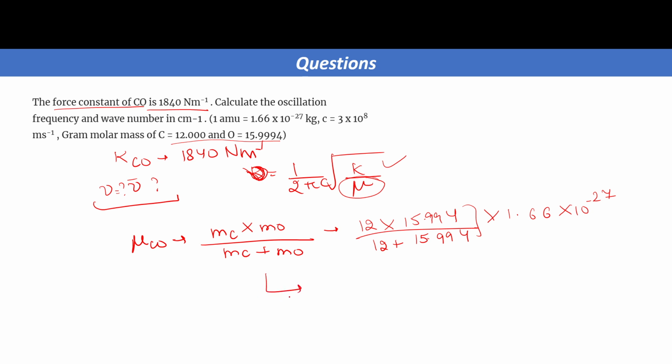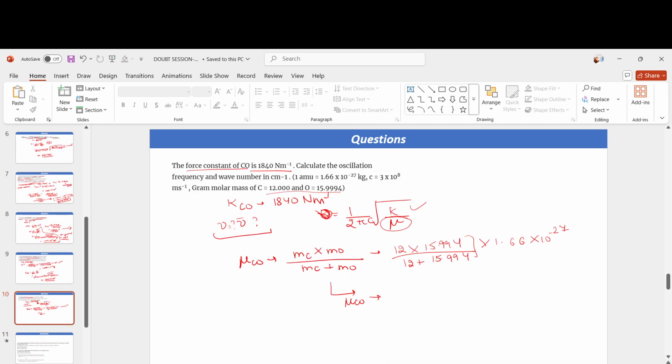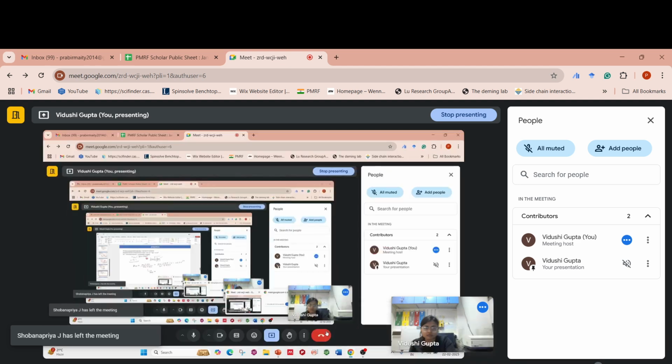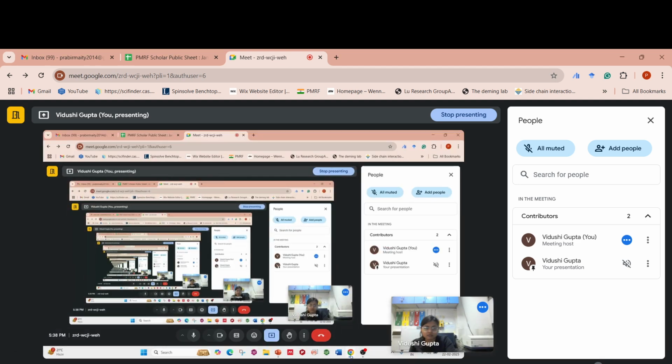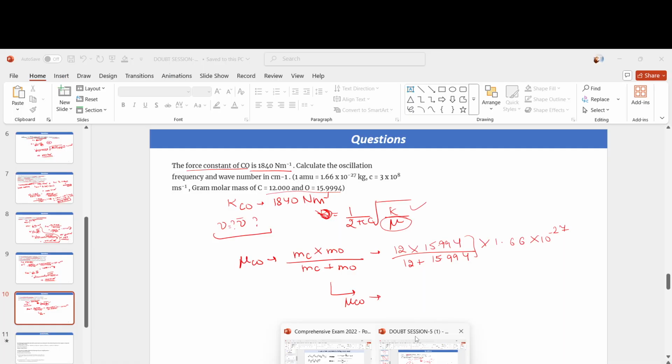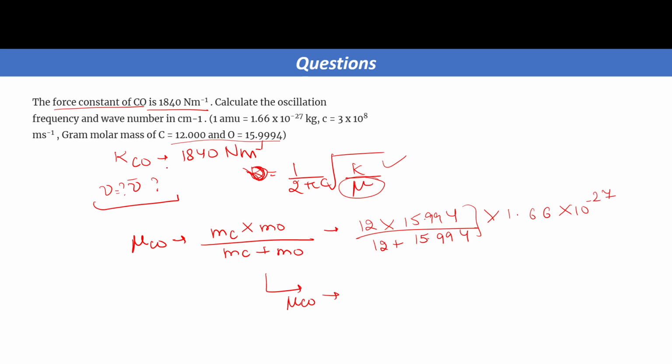After solving it, the reduced mass will be 1.13 into 10 raised to minus 26 kg.